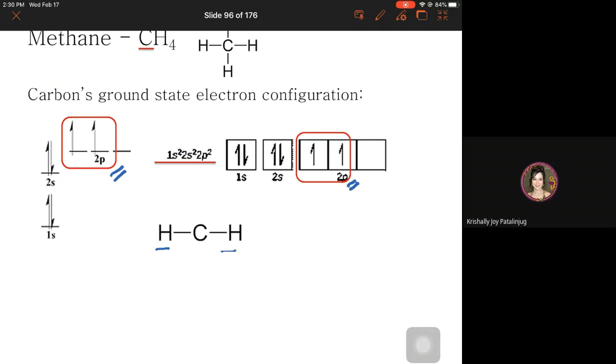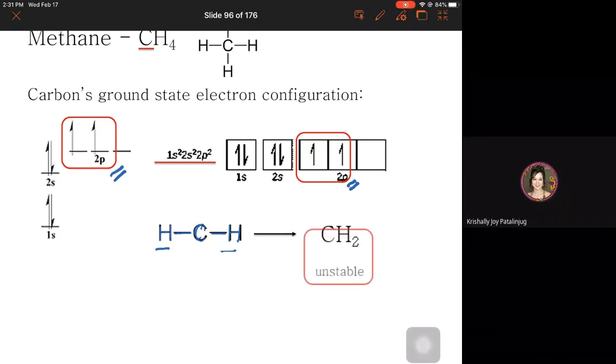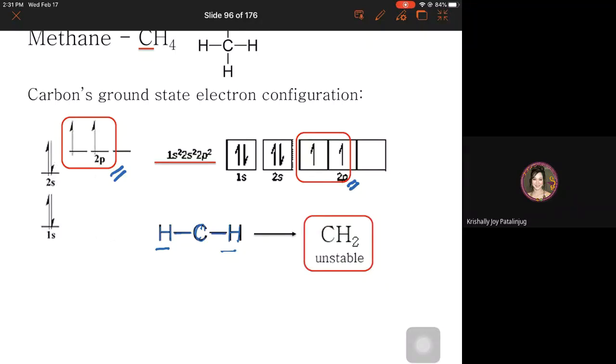Thus, obviously, it will just form 2 carbon to hydrogen bonds. Alright? Dalawa lang yung possible carbon to hydrogen bonds na mabubuo, forming CH2. And CH2 is an unstable molecule. Okay, wala namang CH2 na molecule, knowing that carbon, having 4 valence electrons, will always share its 4 valence electrons, forming 4 covalent bonds.